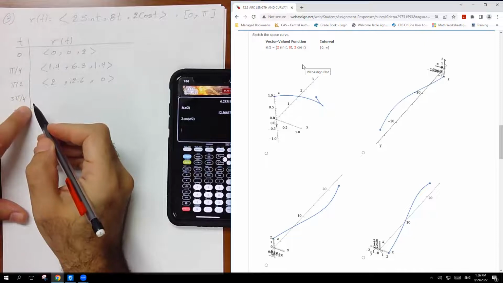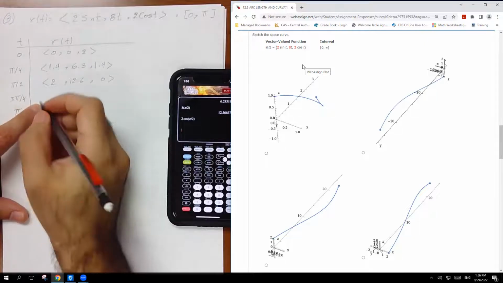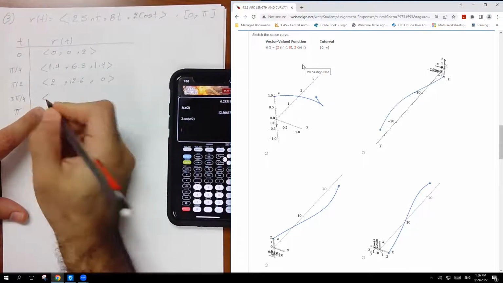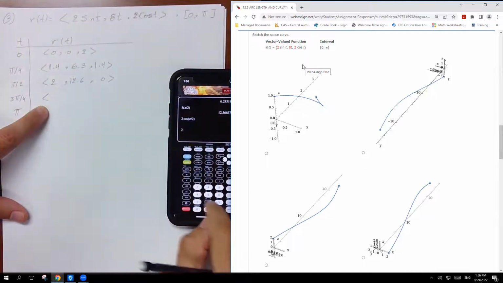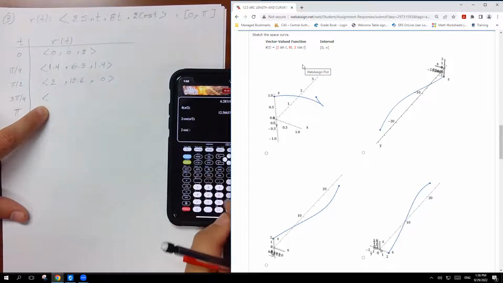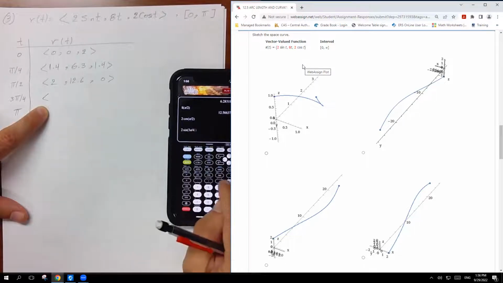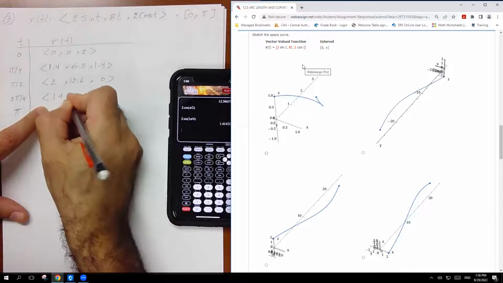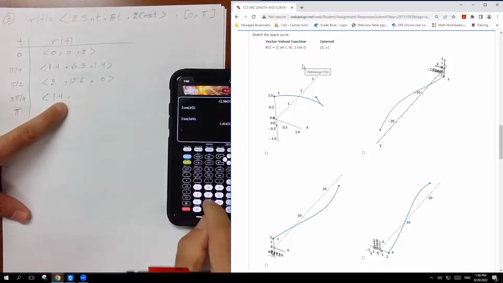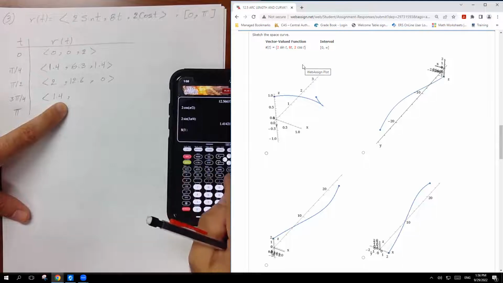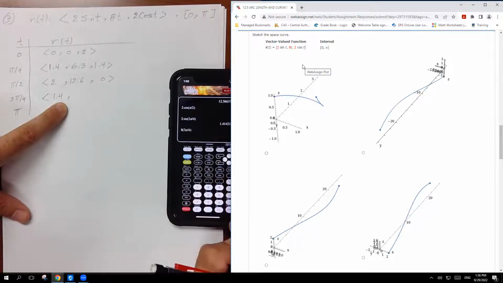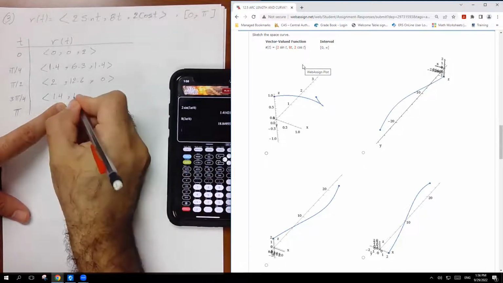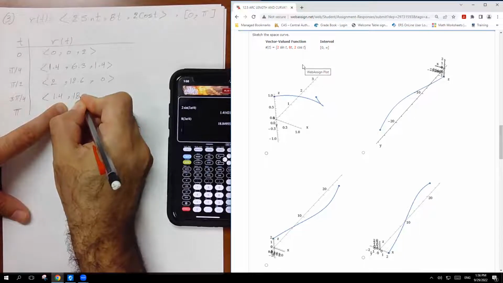Now 3 pi over 4. Let's plug in here. 2 sine 3 pi divided by 4 is going to be 1.4. And 8 times t, 8 times 3 pi divided by 4, it's going to be 18.8.